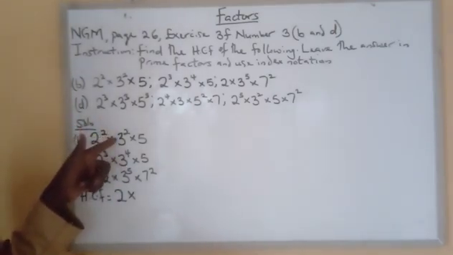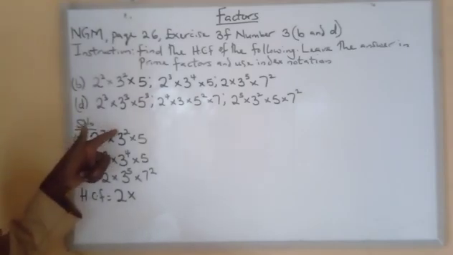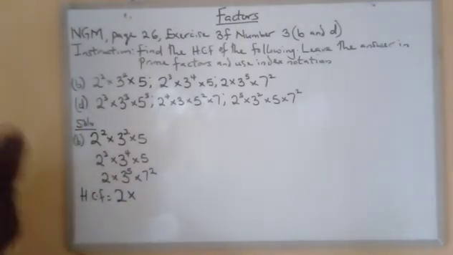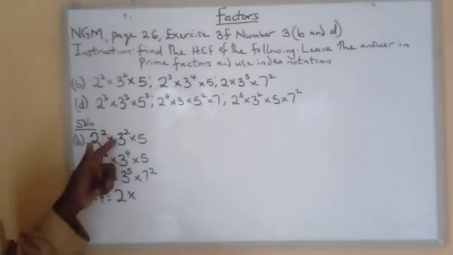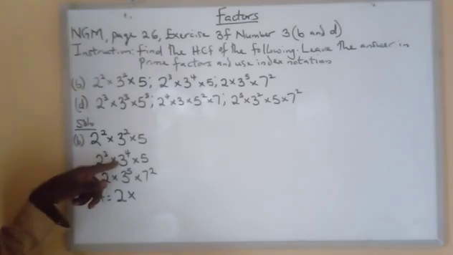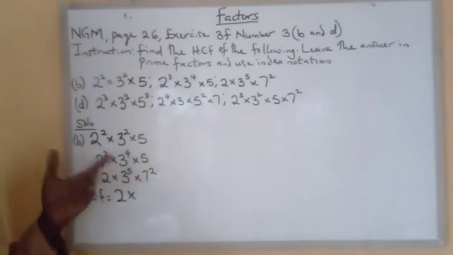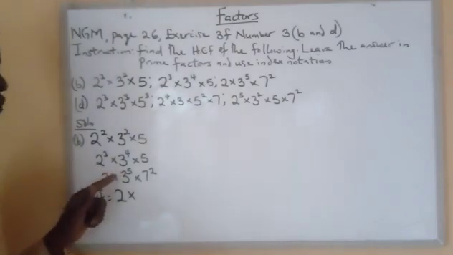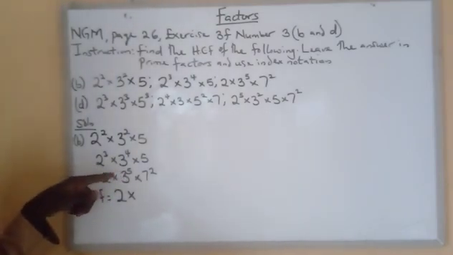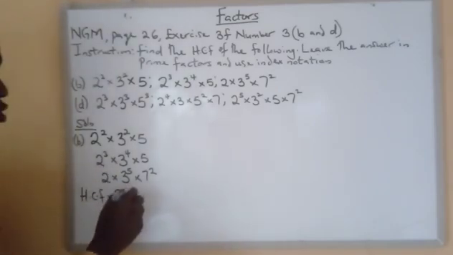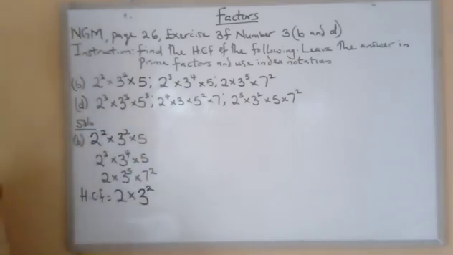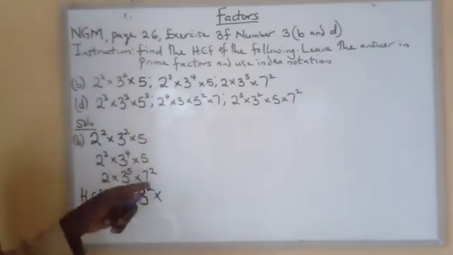So from what we have said, you will see that what is common to all of them is 2 3s. 3 to the power of 2 is common. 3 to the power of 2 is inside 3 to the power of 4. If you remove 3 to the power of 2 from 3 to the power of 4, you will still have 3 to the power of 2 left. If you remove 3 to the power of 2 from 3 to the power of 5, you will still have 3 to the power of 3. So that is why you write that the one that is common to all is 3 to the power of 2.